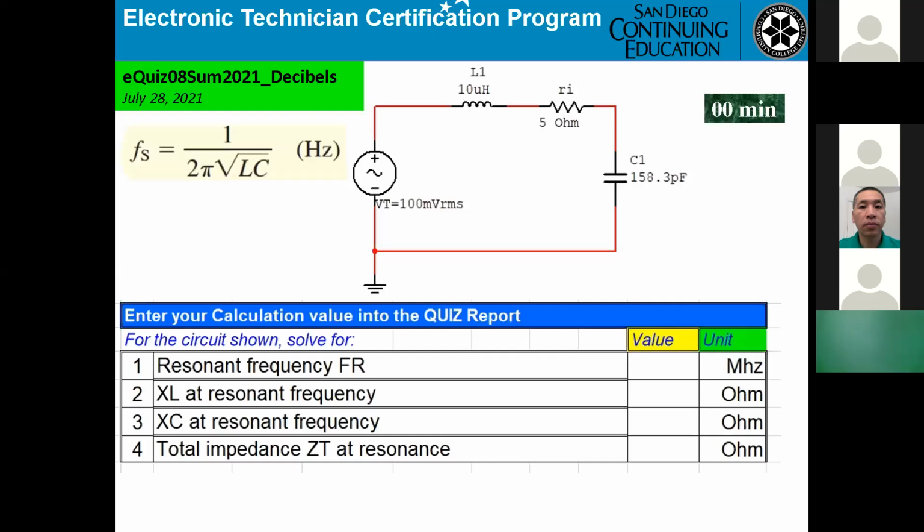No, it's not on the screen. Okay, hold on. Let me maximize the share screen. Sorry about that. Okay, so that's number one.